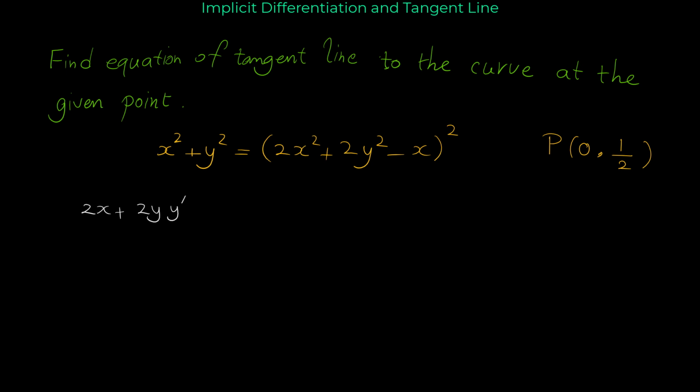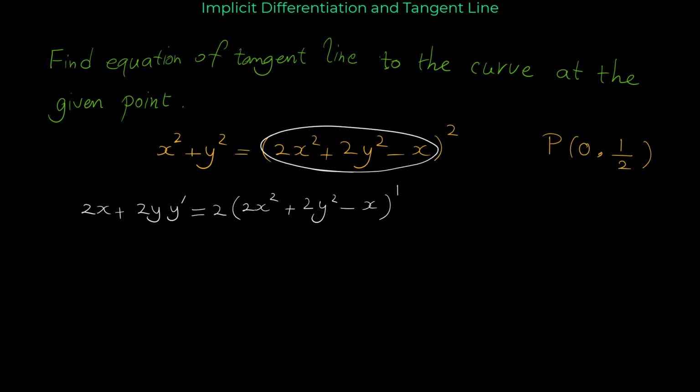So the derivative of the right side is 2 times (2x^2 + 2y^2 - x) to the power of 1, times the derivative of the inside of the bracket. The derivative of 2x^2 is 4x, the derivative of 2y^2 is 4y y prime, minus 1, the derivative of x. And we don't need to put this power 1 on top of this bracket.